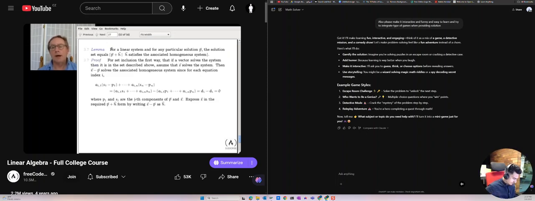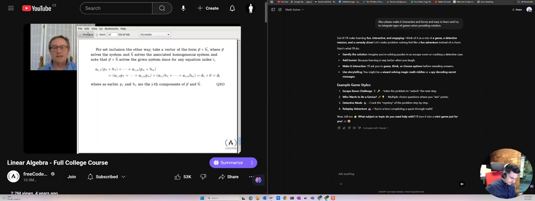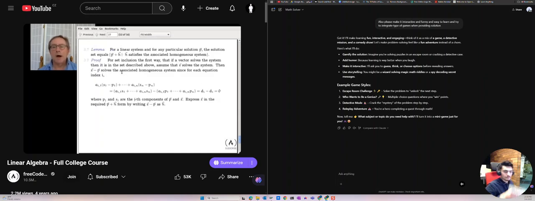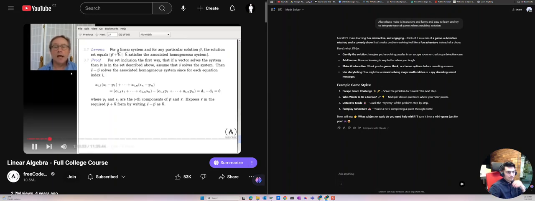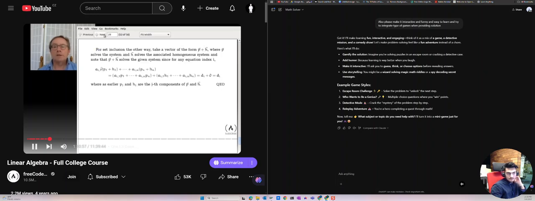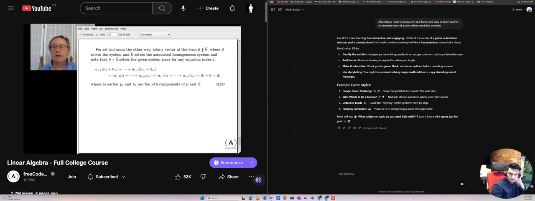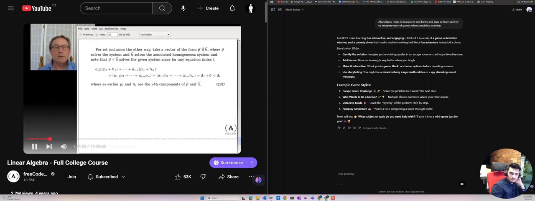To give the proof, I couldn't fit it all on one slide, so it's on the second slide too. First of all, I'm going to show that if a vector is in the solution set, then it is in this set also. And then on the second slide, I'm going to show that if a vector is in the P plus H set, then that vector solves the system.